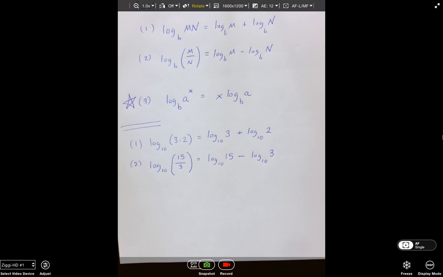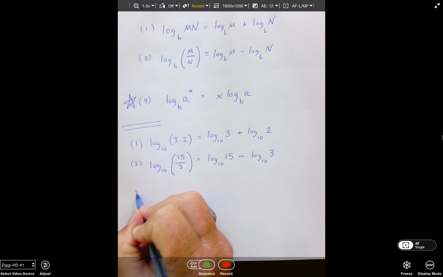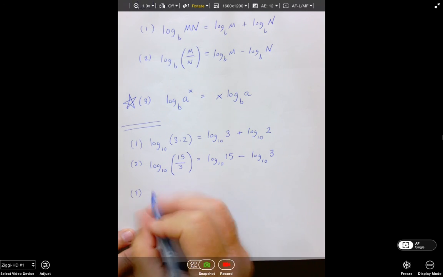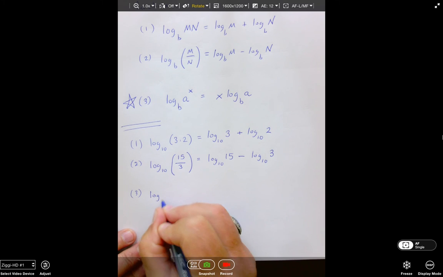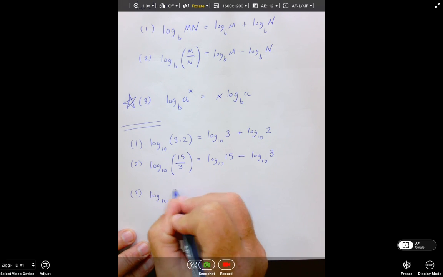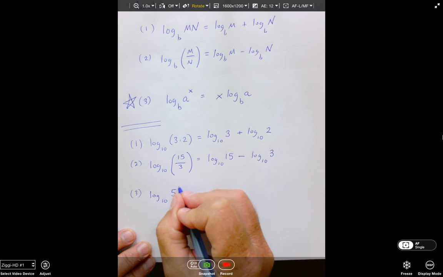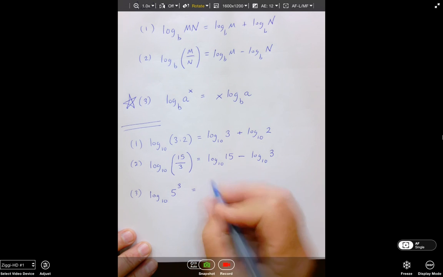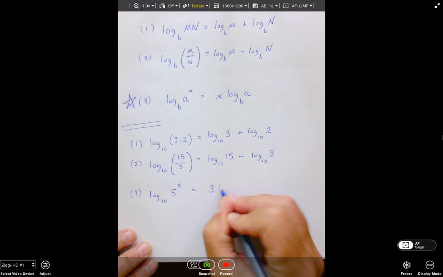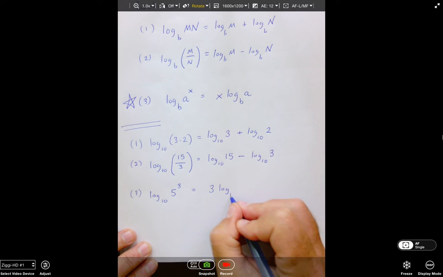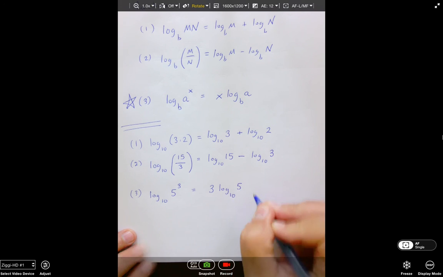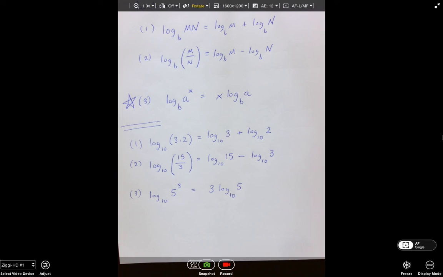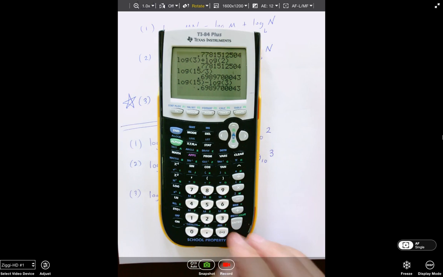Now the other property tells us that if we have log base 10 of 5 cubed, this will be the same thing as 3 times log base 10 of 5. All right, let's give it a shot.